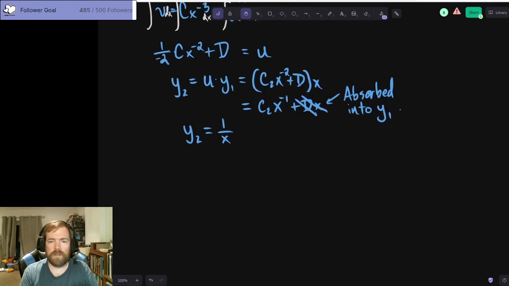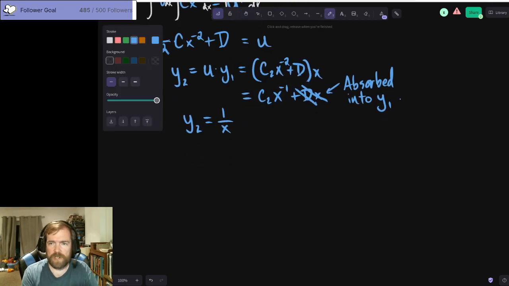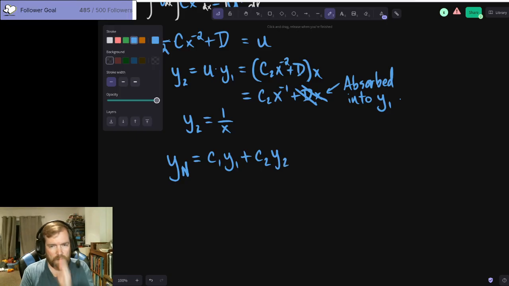The principle of superposition tells us that our homogeneous solution, or null space, our null space solution is going to be a linear combination of those two things. So then that's just going to be c1 times x plus c2 over x.